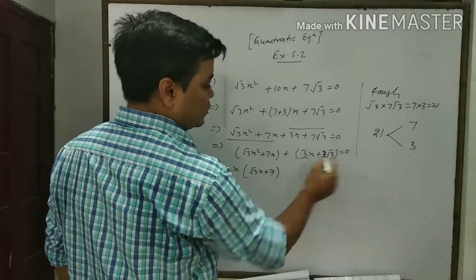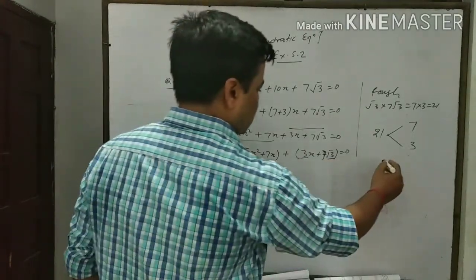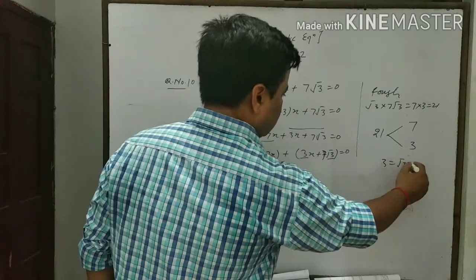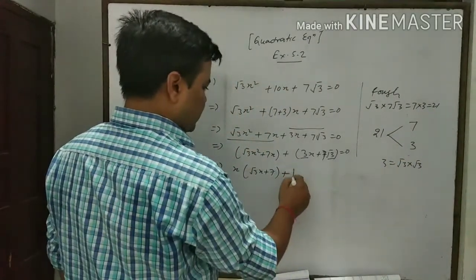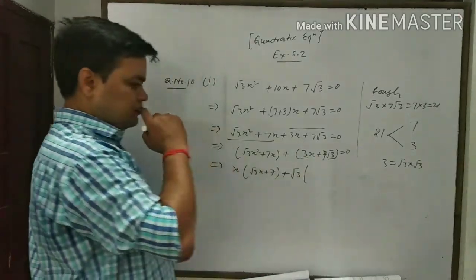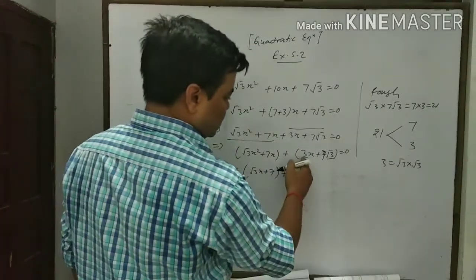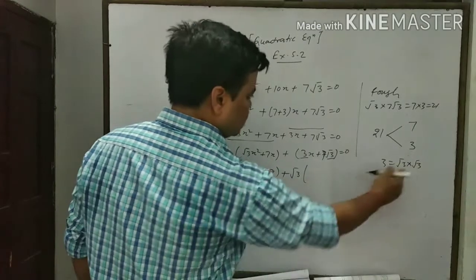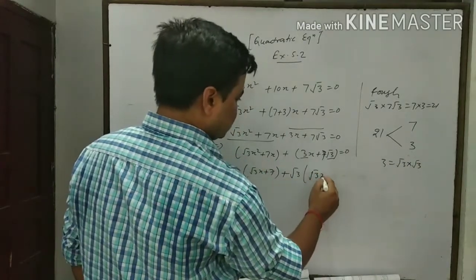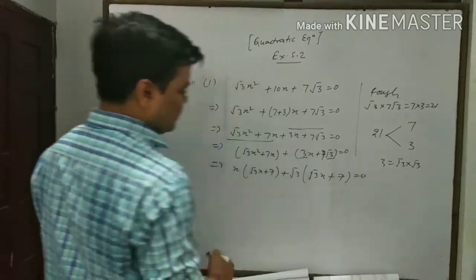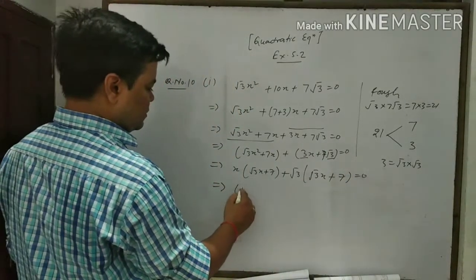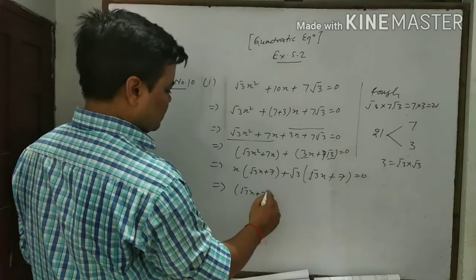Here 3 and here 7 root 3, and we know that 3 can be written as root 3 into root 3. Therefore, if we take root 3 common, then what happens? One root 3 will be cancelled, only root 3x, and here it will be 7. Again, root 3x plus 7.